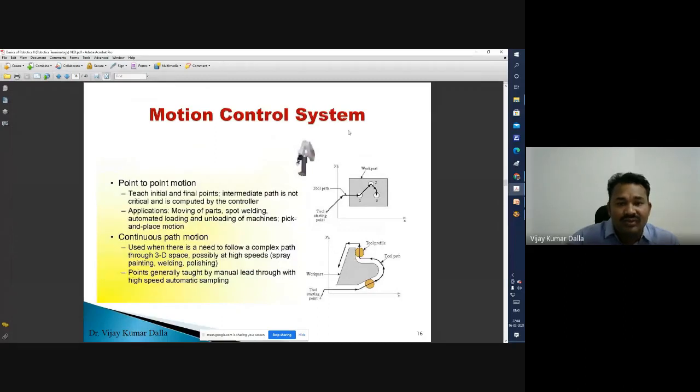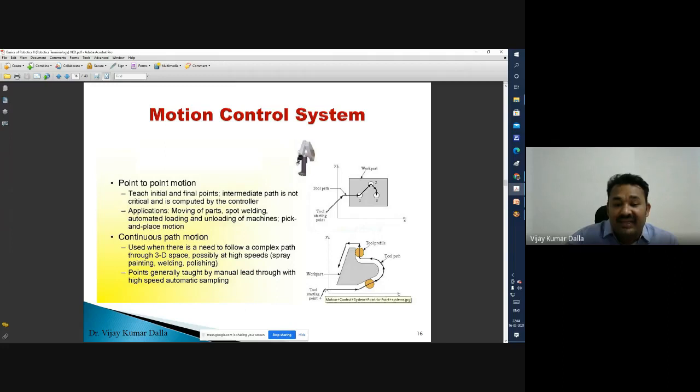Now motion control system. The motion can be controlled either by point-to-point motion or continuous path motion. If drilling is required or some pick and place kind of things, it doesn't matter which path is going to be followed.